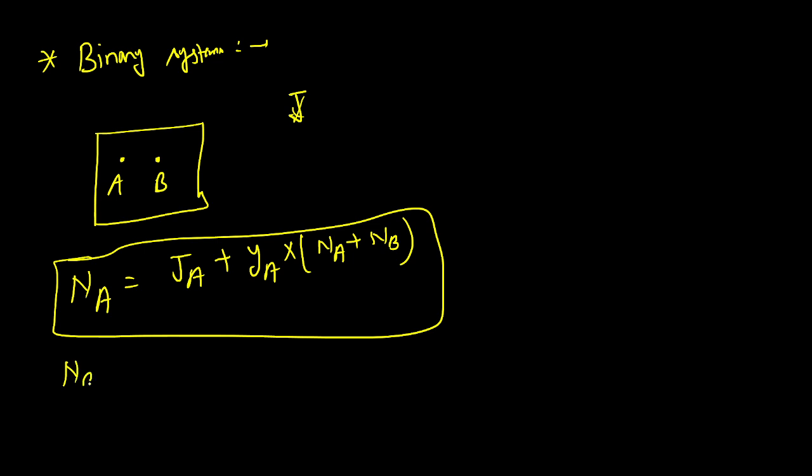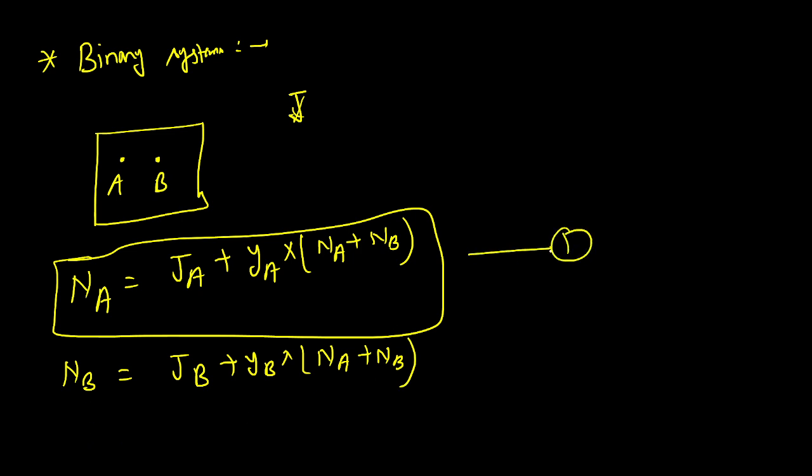And NB equals JB plus YB multiplied with (NA plus NB), right? Now if we add, assuming this is the first equation and this is the second equation, then what do we get if we add the first plus the second?